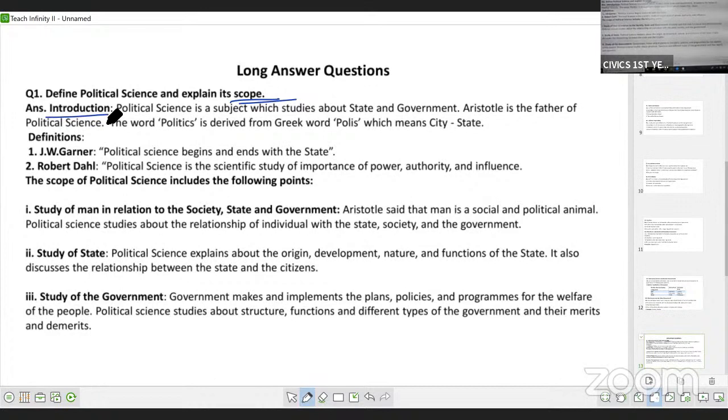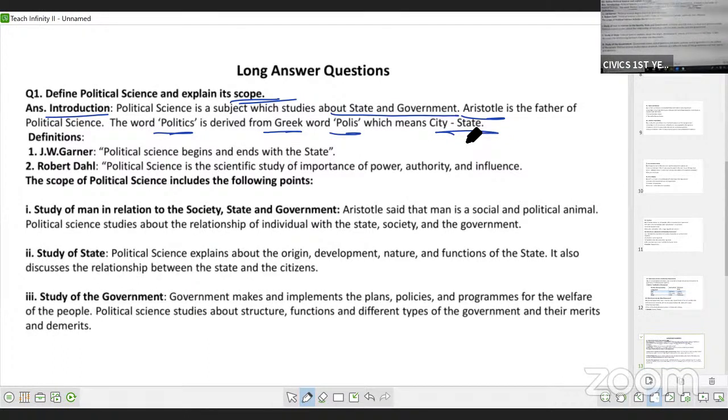When you write the introduction, you have to write about political science. What does political science deal with? Political science is a subject which studies about state and government. Aristotle is the father of political science, and the word politics is derived from the Greek word polis, which means city-state.